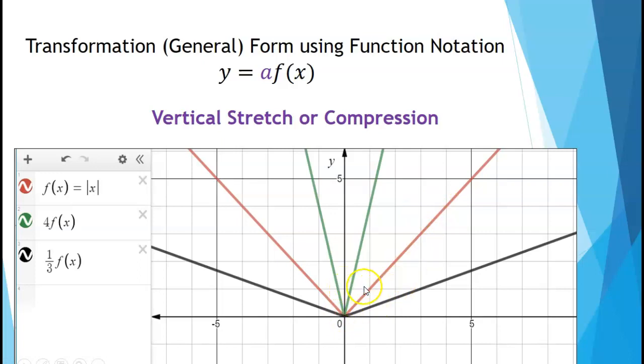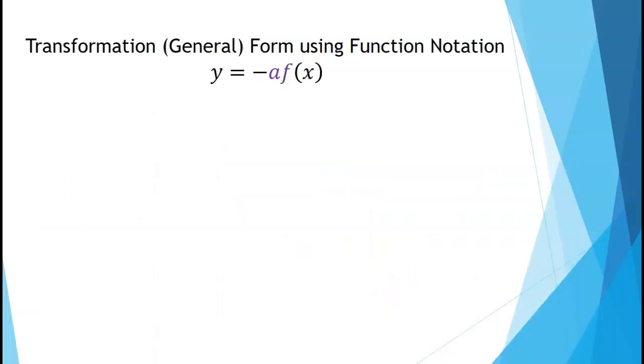Up 1, over 1, 2, 3. So instead of increasing at a rate of 1, it's increasing at a rate of 1/3. Again, don't worry too much about a total understanding of this. We will go through this in gory detail in class.